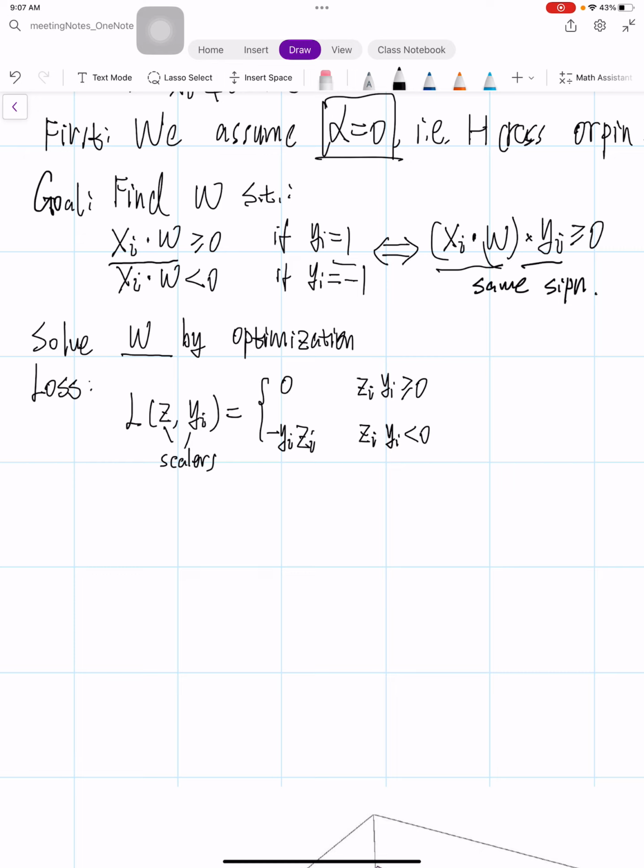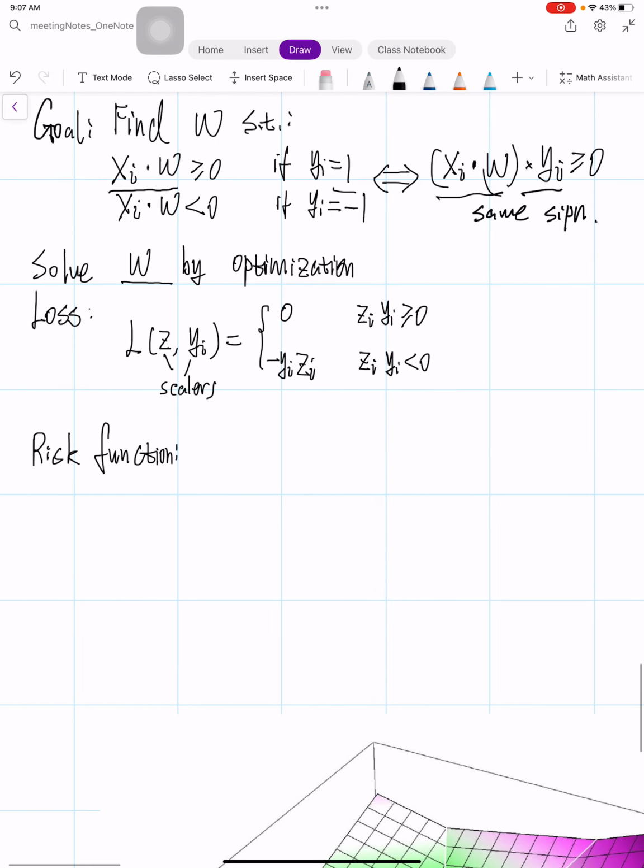Based on this one-point loss function, we can define our risk function R(omega). For each given omega, we average the loss over the n data points: we divide by n and sum the loss on each point xi inner product with omega, for i from 1 to n.